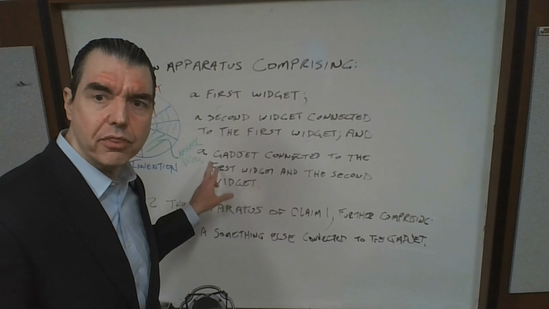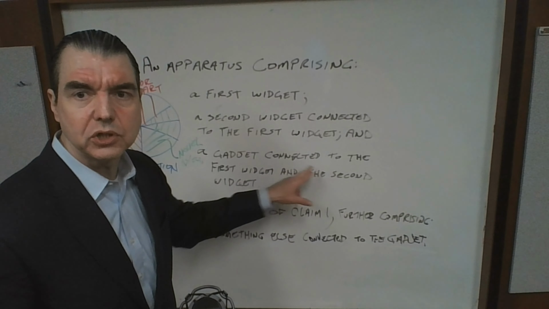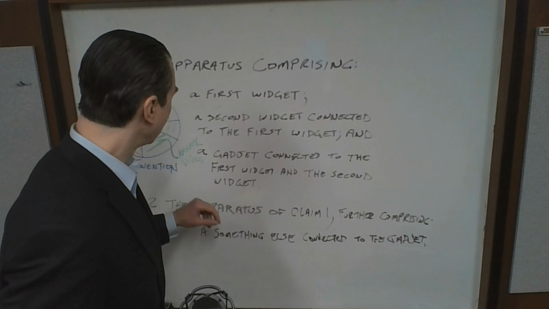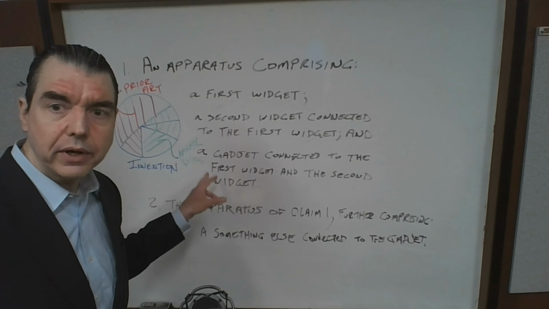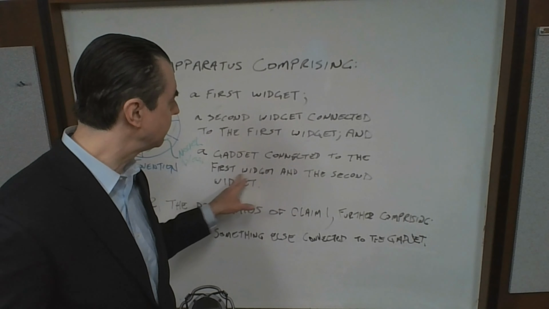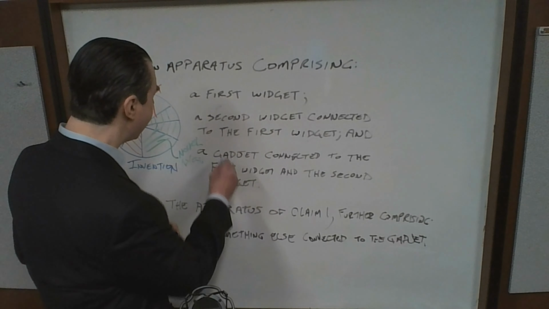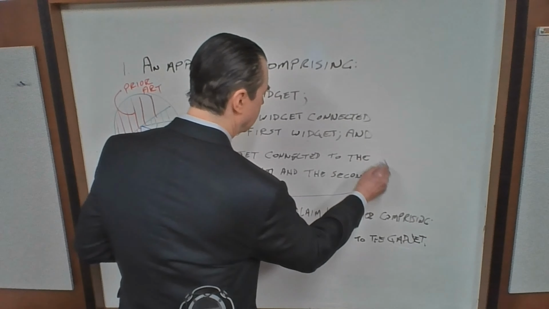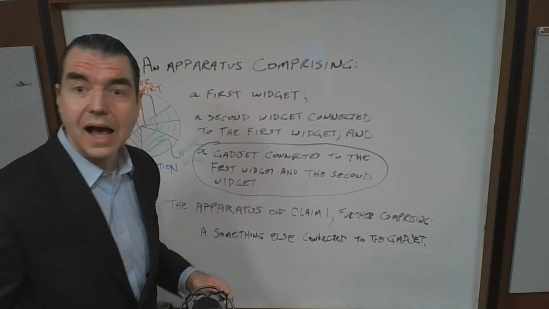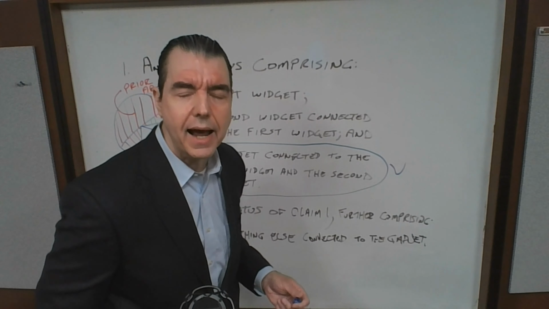But here, the third limitation is a gadget connected to the first widget and the second widget, and it could turn out that the gadget is the novelty nugget of your claim. That could be the novel aspect.